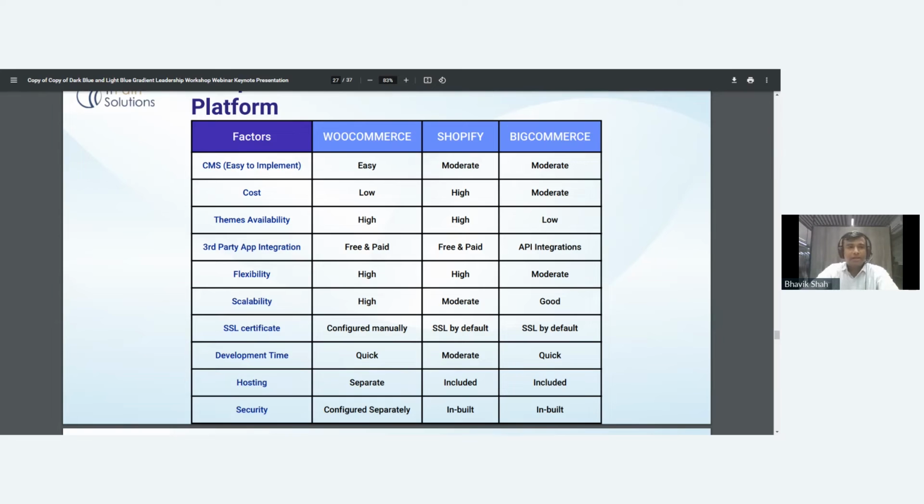To answer him, yes, Nick, we are a one-stop solution provider, not only for e-commerce, but for any software platform you want to develop. We can provide solutions right from the beginning to the end. We work on websites as well as mobile applications. I hope, Nick, I have answered your question.